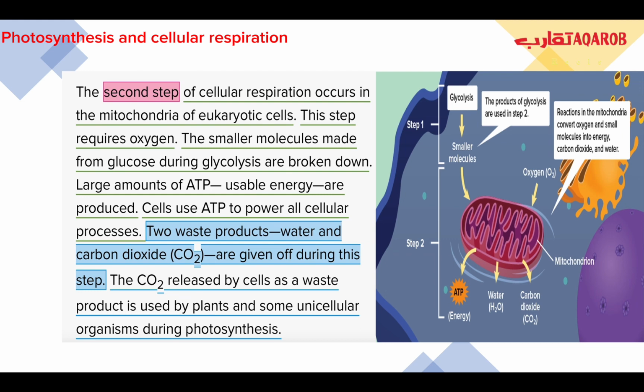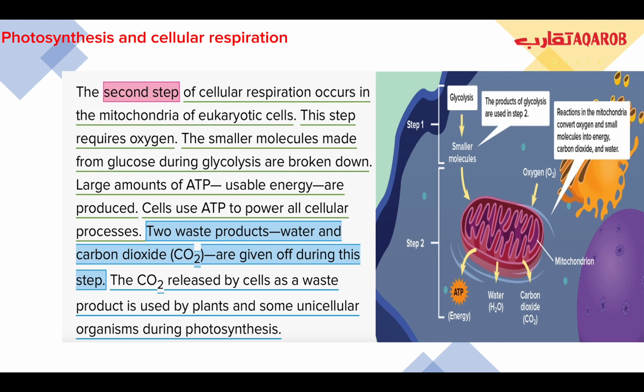The smaller molecules made from glucose during glycolysis are broken down. A large amount of ATP, the usable energy, is produced. So in the second step, we produce more ATP.